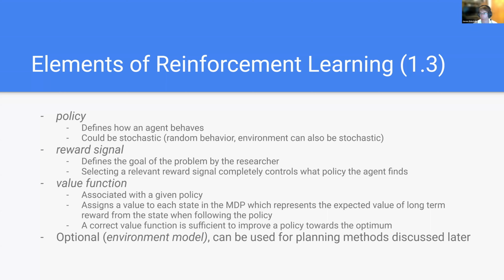And then we're always going to be talking about the reward signal, which is what you get back from the environment when you make these transitions. And then for part one of the book, we are going to eventually be talking about something called the value function. The value function is an attempt to quantify how valuable it is to be in a given state. And by value, we mean, what do we expect from future reward from this state?